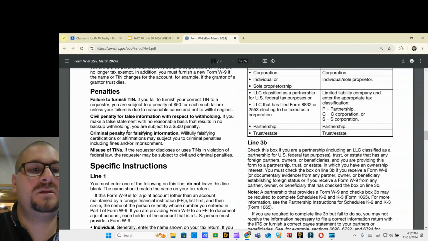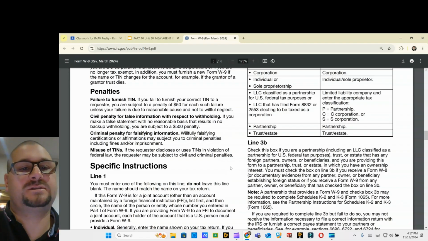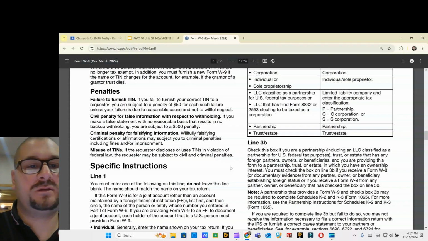There's a penalty if you fail to furnish the TIN. If you fail to furnish the correct TIN to a requester, you are subject to a penalty of $50 for such failure, unless your failure is due to reasonable cause and not to willful neglect. There's a civil penalty for false information with respect to withholding.